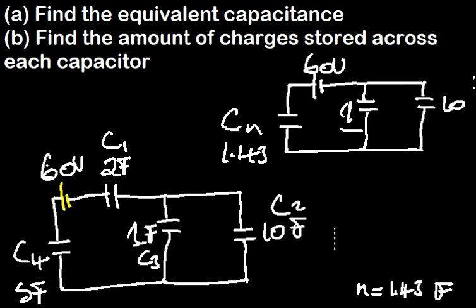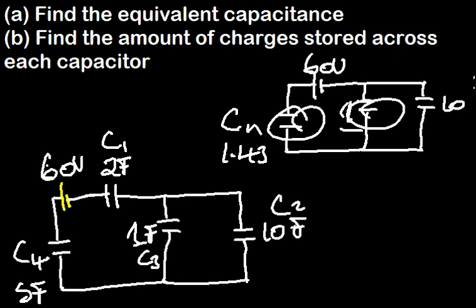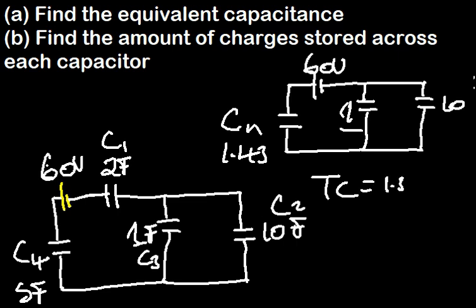Then we finally calculate the equivalent capacitance. Now both are in parallel, so we calculate the total capacitance for those. That is 1.43 plus 1 plus 10. What is the total there? 1.43 plus 1 plus 10 is 12.43.